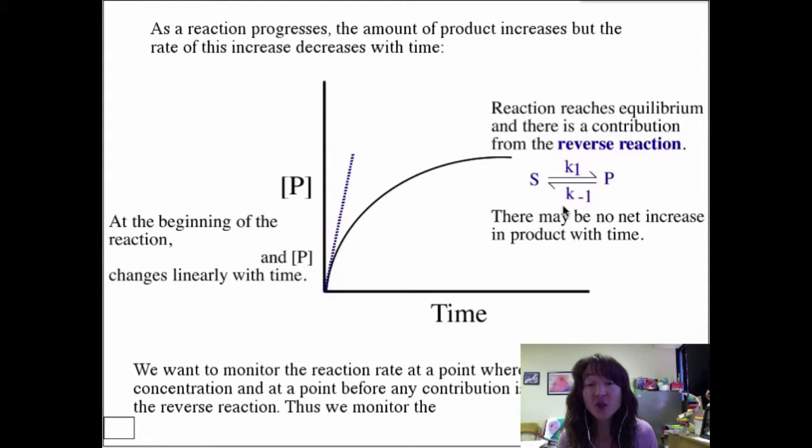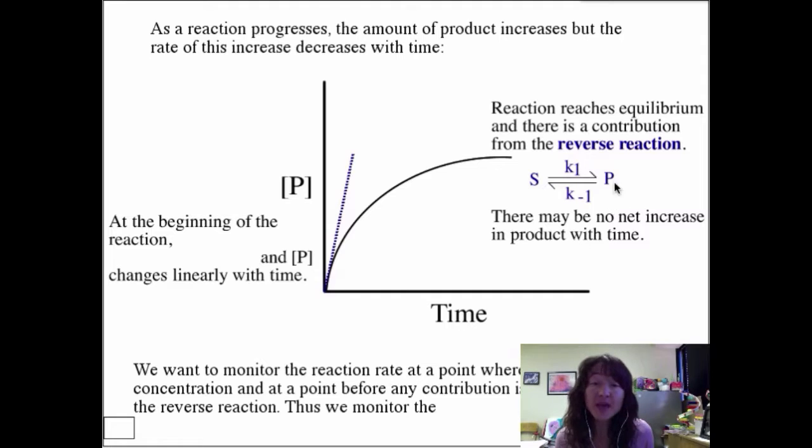We now have two rate constants that are pertinent. Before, if we looked at the beginning of this curve, only the rate constant describing substrate converted to product was pertinent. But now k-1, the rate constant for the reverse reaction, becomes pertinent. So there are two rate constants involved once equilibrium is reached.